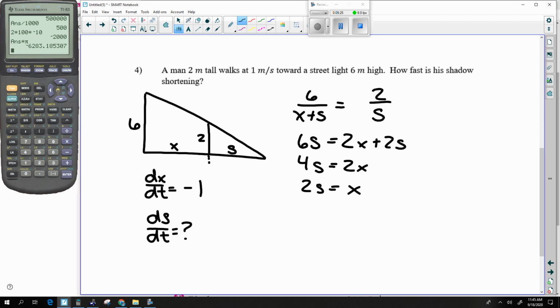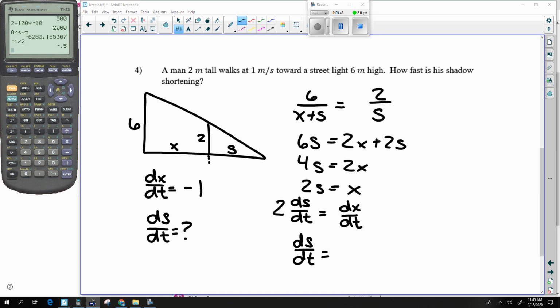And derivative: 2 ds/dt is equal to dx/dt. So ds/dt is equal to dx/dt, -1, divided by 2, which is negative 1/2. That's s, which is length, so that's meters, over time, which is seconds.